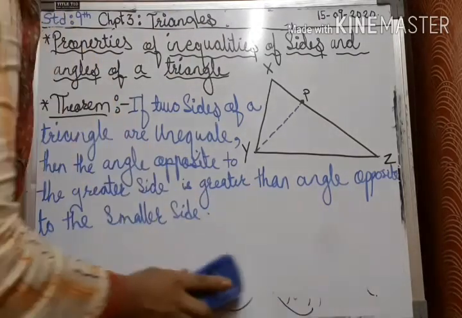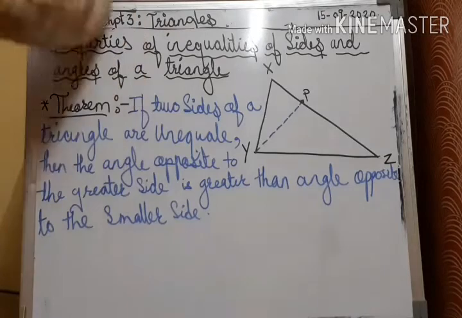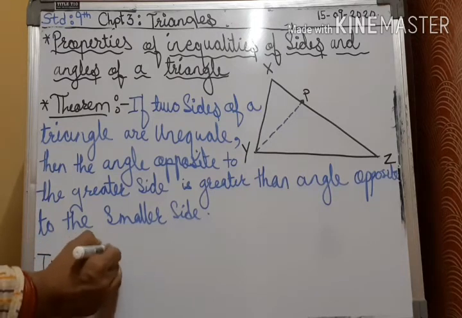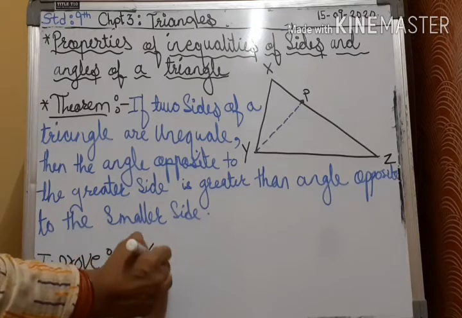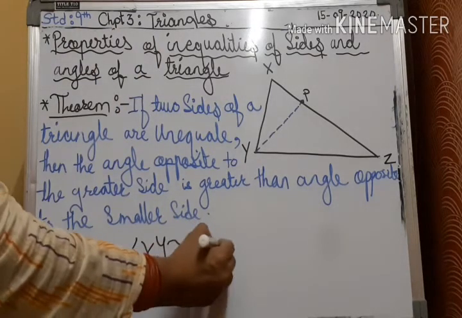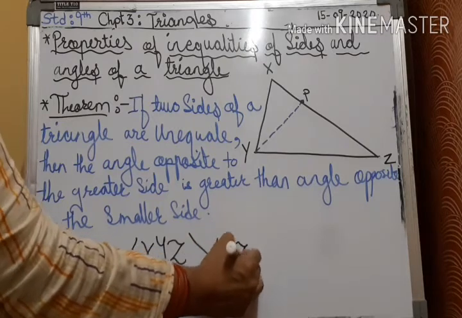We have a triangle XYZ. We want to prove that angle XYZ is greater than angle XZY.